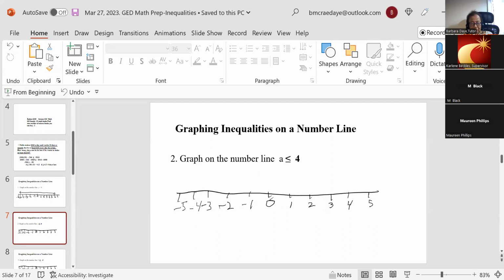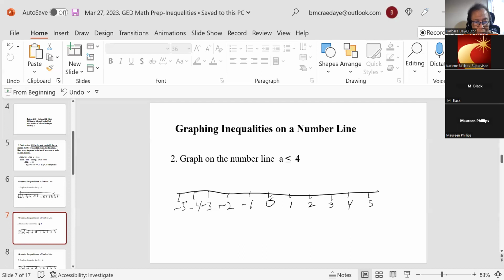Now I just went through the difference. So tell me where to put the circle. Tell me if it's open or closed. Tell me the direction of the arrow. The A is less than or equal to 4.